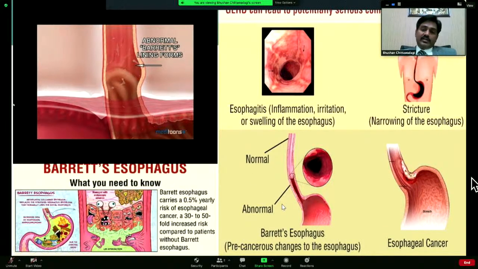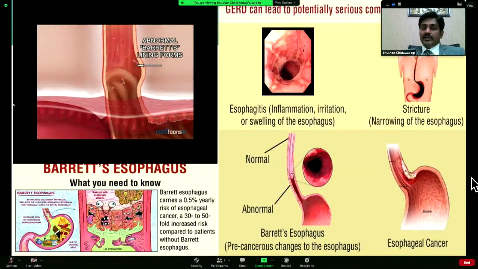Now, what's the problem with Barrett's? Barrett's is a pre-cancerous stage. It has not gone into cancer, but it has a high tendency to develop into cancer. As you can note in my lower slide about Barrett's, if a person develops Barrett's esophagus during the disease course, he has approximately a 0.5% chance per year of developing esophageal or food pipe cancer.